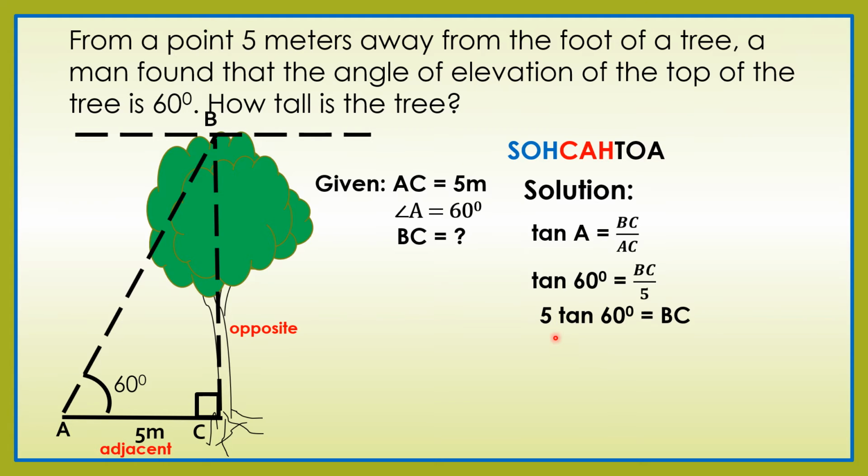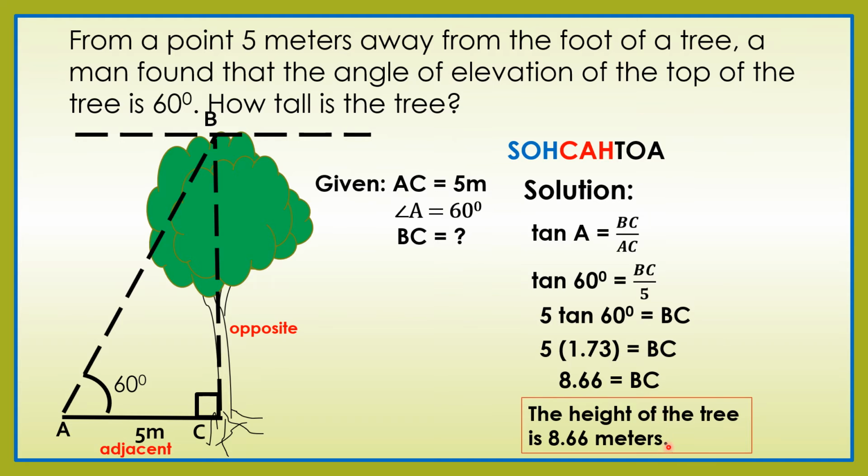So we will have now 5 tangent 60 degrees is equal to BC. So ang sasolve natin yung BC. So kunin natin yung tangent 60 degrees at saka natin i-multiply by 5. So we will have now 8.66, that is BC. Therefore, ang height ng tree is 8.66 meters.